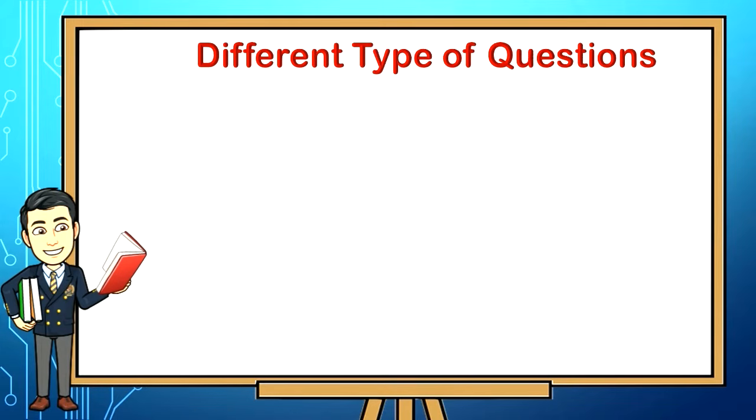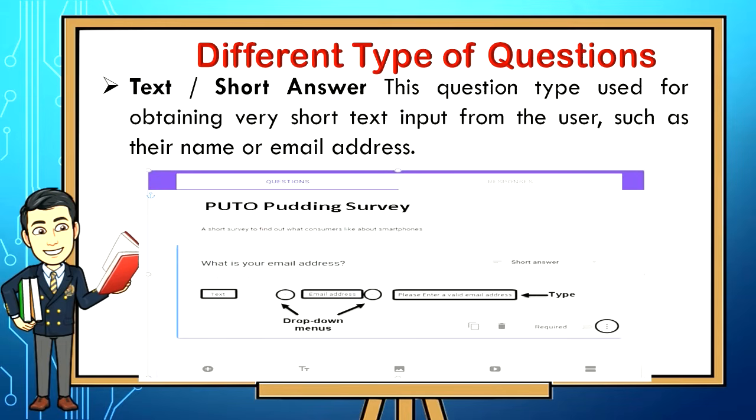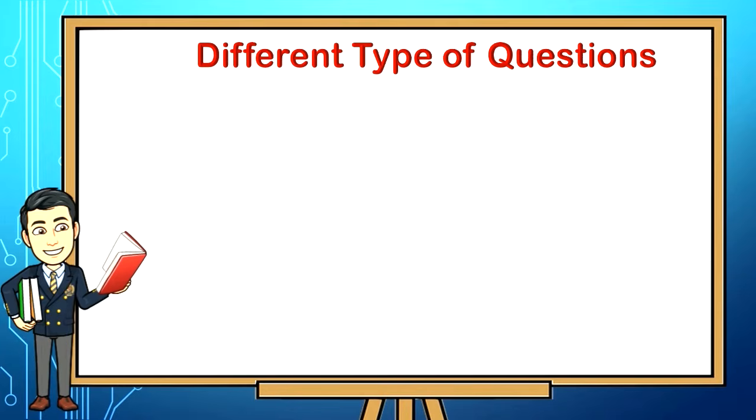1. Text short answer. This question type is used for obtaining very short text input from the user, such as their name or email address. 2. Paragraph.